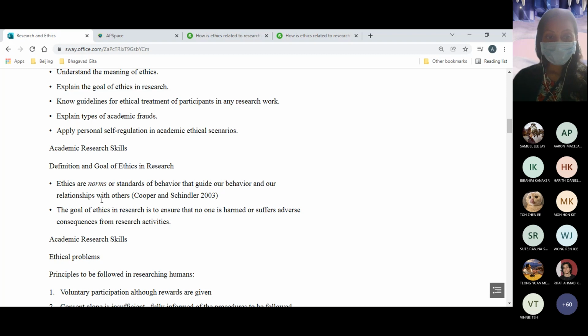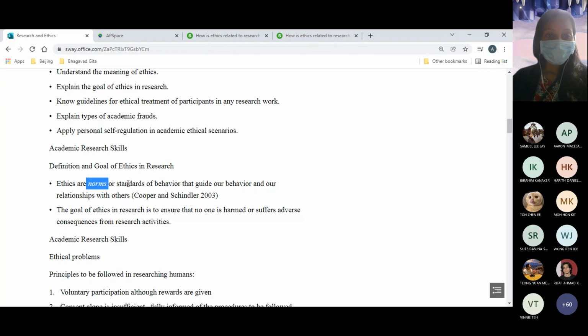Okay, so now what is ethics? Ethics means norms. Like just now you were saying morality and all that. It's correct. Attitude, morality, behavior, all that, it's correct. But generally if you look at the definition of the word ethics, it means norm. Norm means something that is a practice, something that you always do.